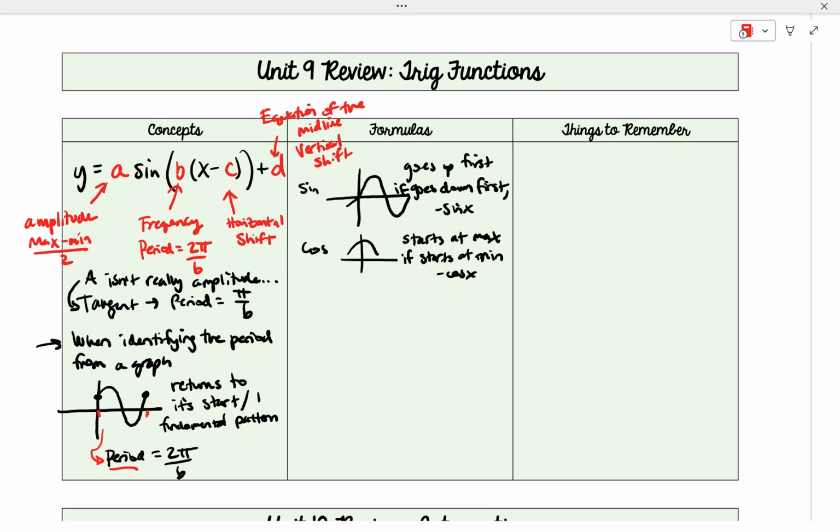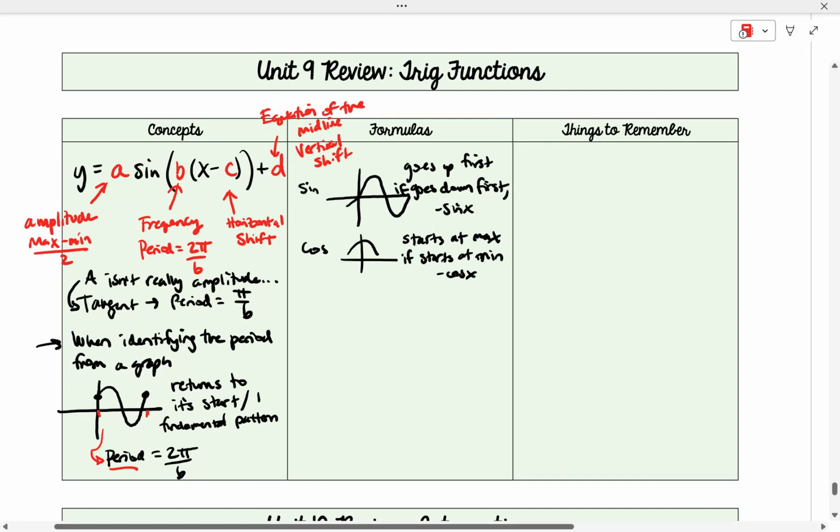Although a lot of you might start seeing patterns. If you have e to the 6x, are you starting to see the pattern of what constant will come out front if you're trying to integrate?